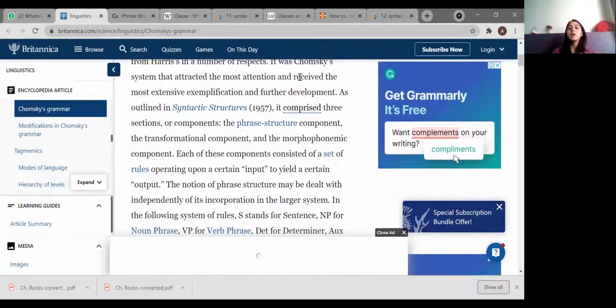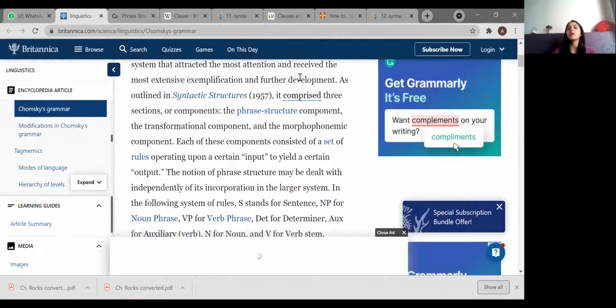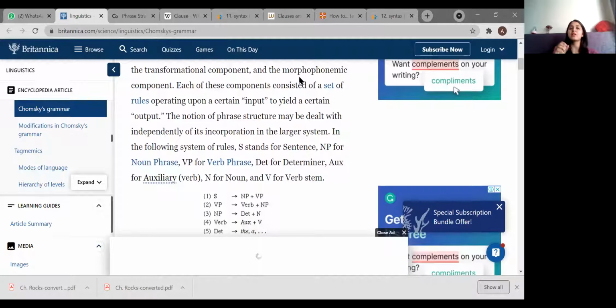Then it comprised, as the outline says, syntactic structure, that means phrase structure. It has 3 sections: the phrase structure, the transformational component, and the morphophonemic component. But we are going to do only the phrase structure. Each of these components consists of a set of rules.